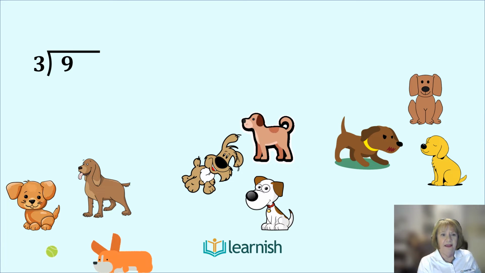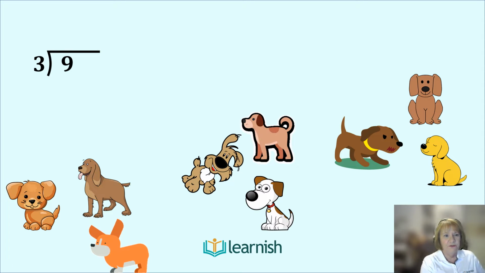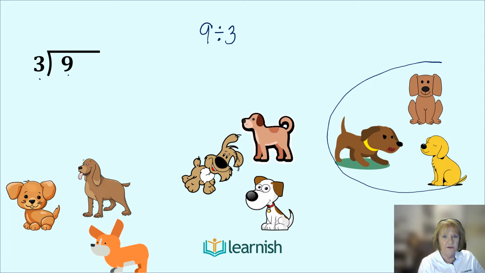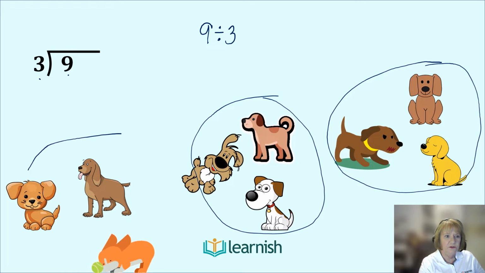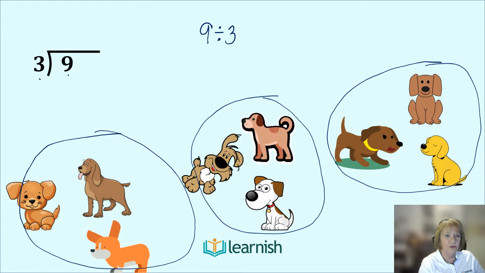Now then, I have 9 cute puppies, and I want to divide them into 3 separate groups. So that's 9 divided by 3. It can look like 9 divided by 3 also. So I'm going to make 3 groups. There's 1, 2, 3 groups.